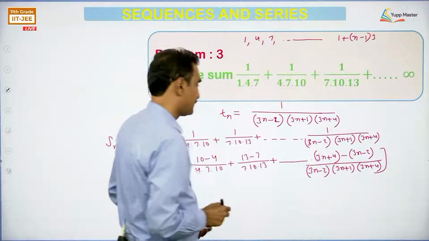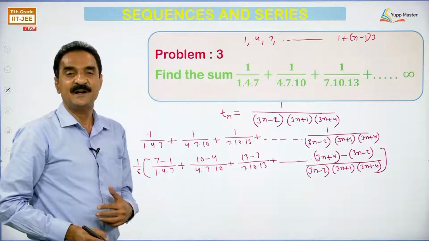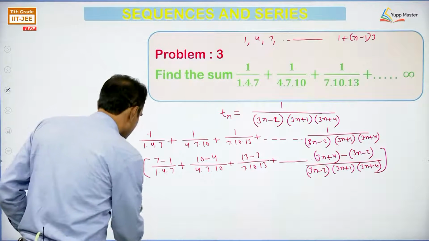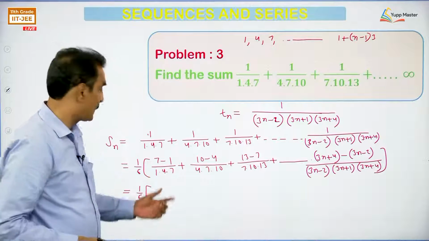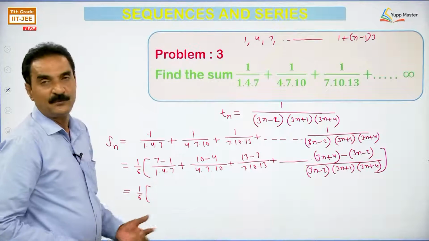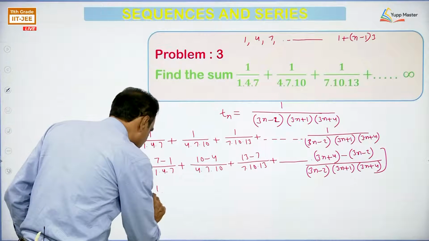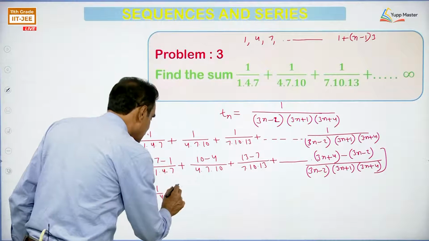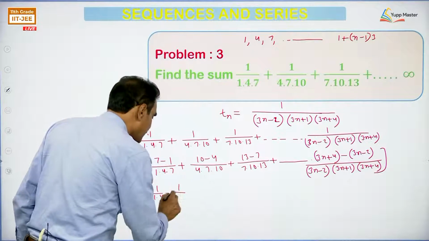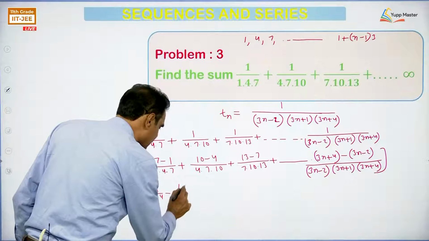Bracket close. Now, if you separate the denominator, 1 by 6 into 7 by 1 into 4 into 7 is 1 by 1 into 4 minus 1 by 1 into 4 into 7, but we can write it as 4 into 7.